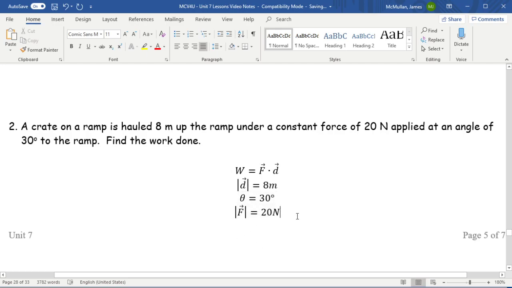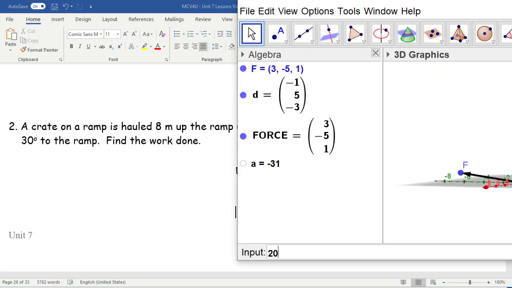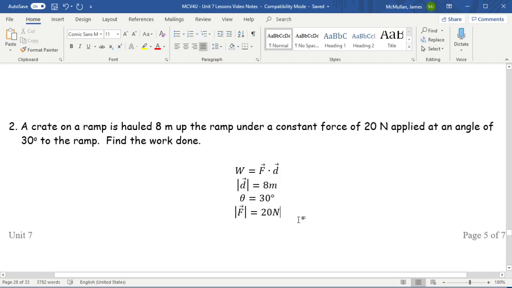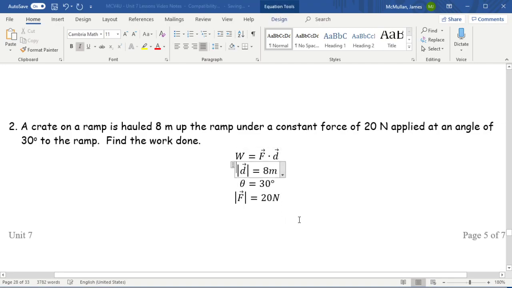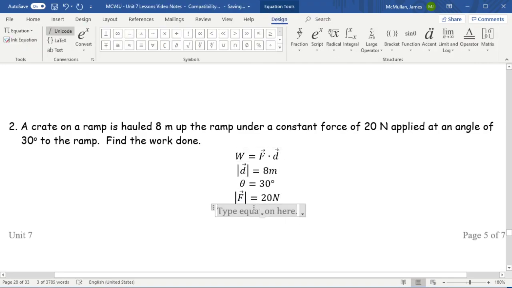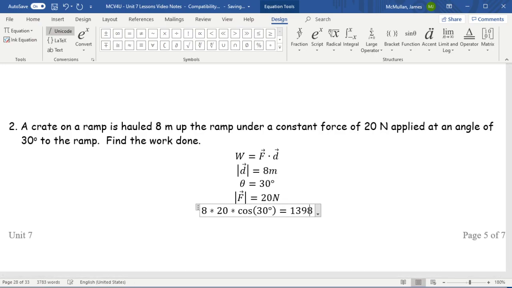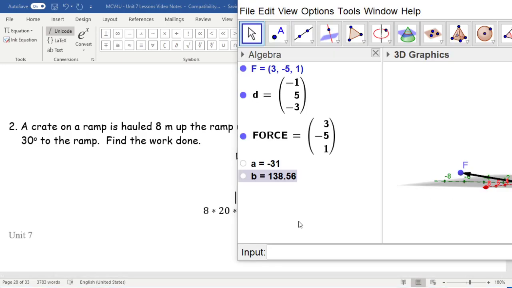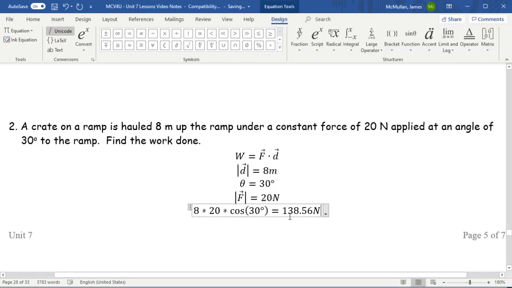So all we're going to do is just do the dot product, right? 20 times 8 times cos 30 is 138.56 newtons. Sorry, not newtons, joules.